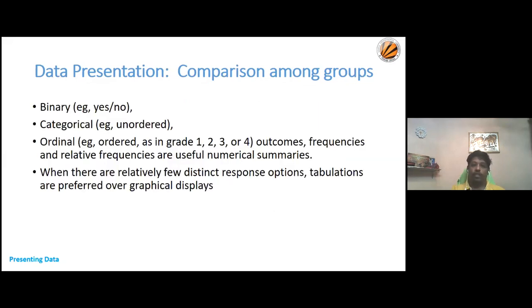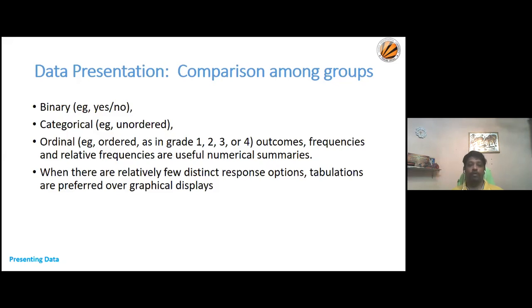Whereas when you are comparing binary variables, yes or no, you can use percentages, and for categorical variables, again, you can use frequencies, and a relative frequency can also be used. I think this is very, very important.